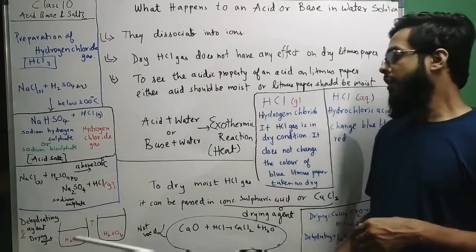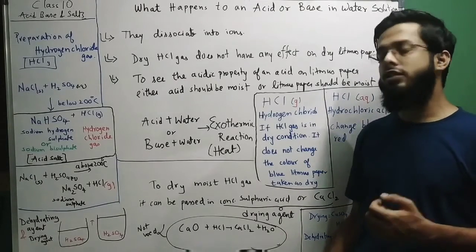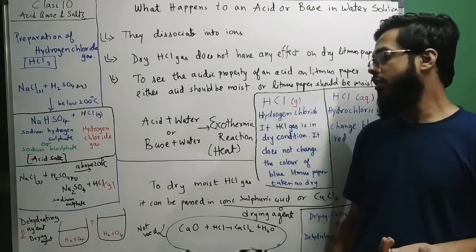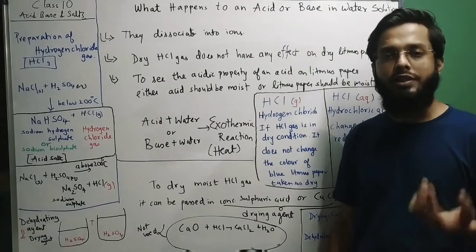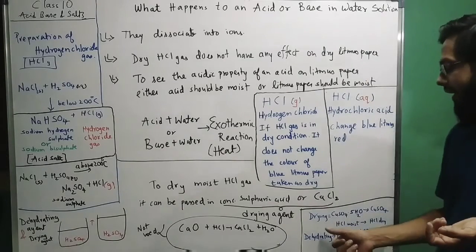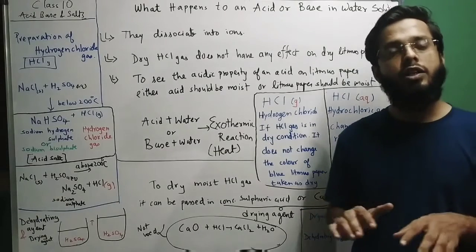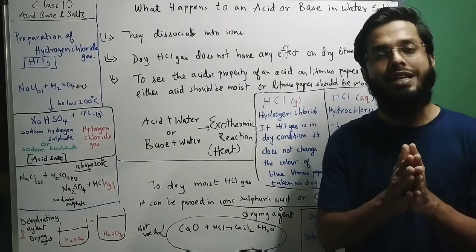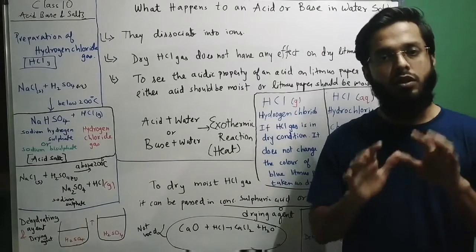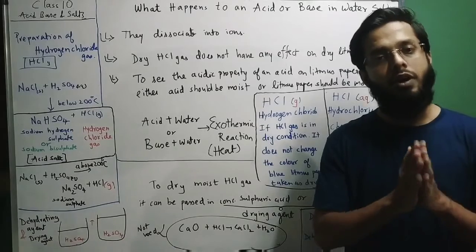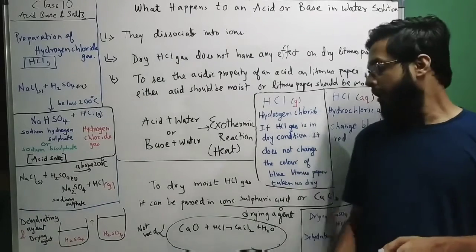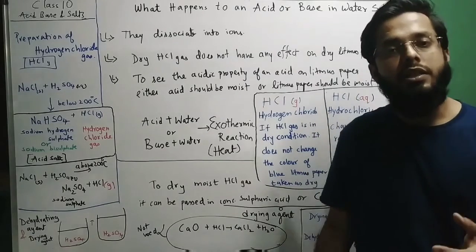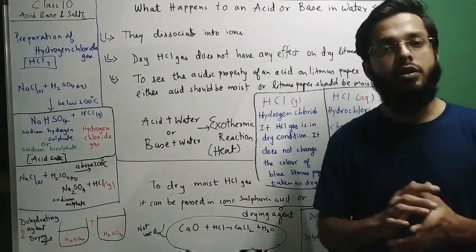And dear students, you know sulfuric acid is a strong dehydrating agent and can also be used as a drying agent. First of all, what is a drying agent and what is a dehydrating agent? Drying agents just dry superficially, on the surface: the moist HCl turns to dry HCl, and the compound remains the same, hydrogen chloride. But dehydrating agents completely change the chemical substance.